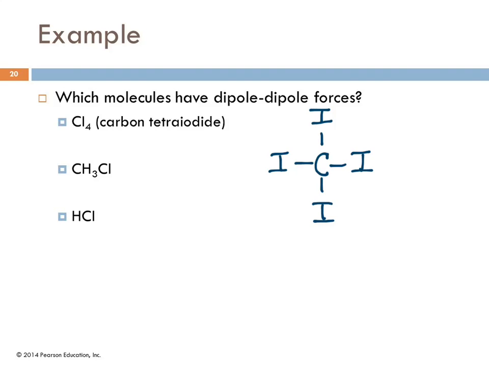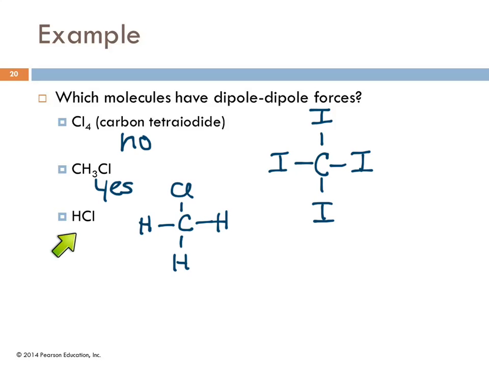I'm going to ignore lone pairs on terminal atoms. Is that molecule polar or nonpolar? Nonpolar. Does it have dipole-dipole forces? No. Only polar molecules can have dipole-dipole forces. How about this guy? Polar or nonpolar? Polar. Does it have dipole-dipole forces? Yes.